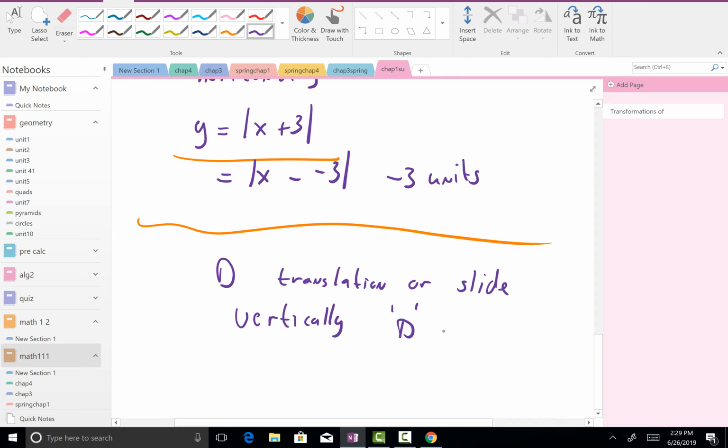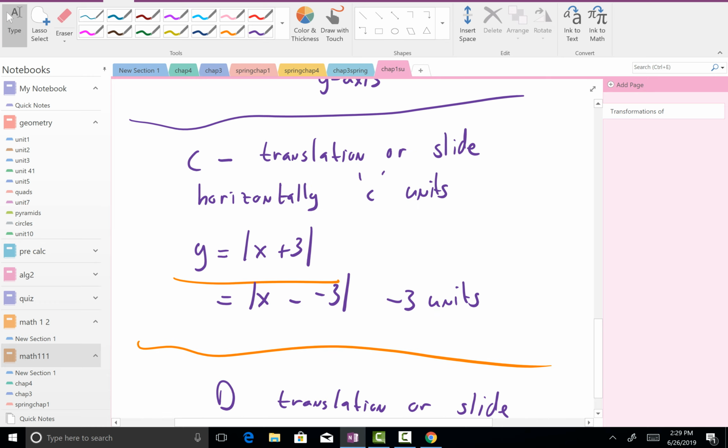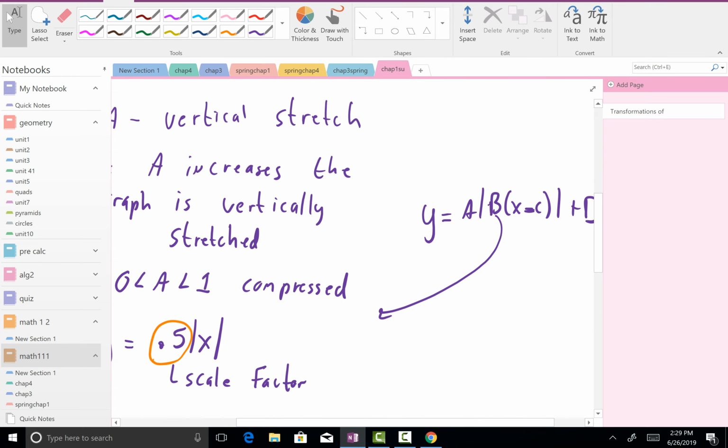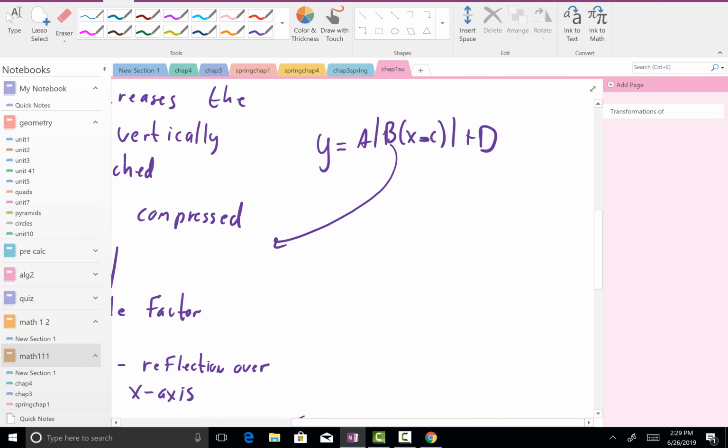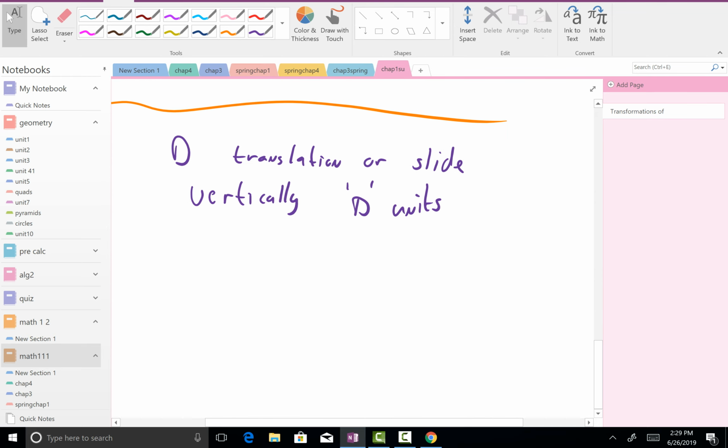And that is also d units. Now the d value is consistent because up here we have a plus d. So if d is a positive or a negative value, then that's how much it's going to move. Okay, so if I have a -2, then it's going to go -2 units vertically.